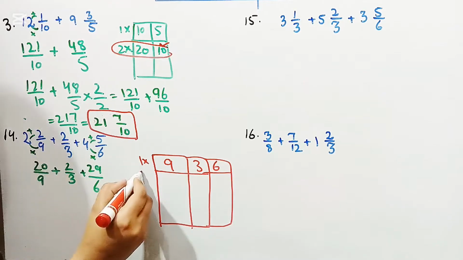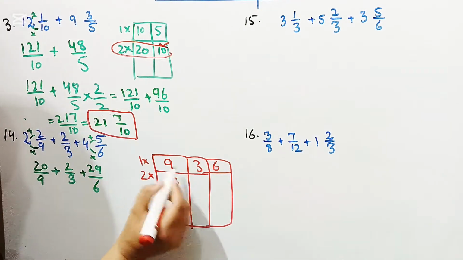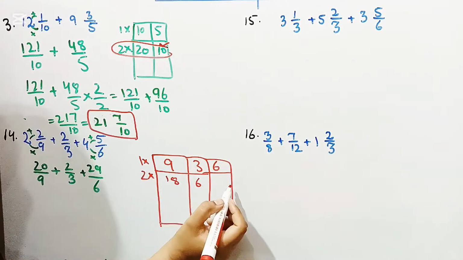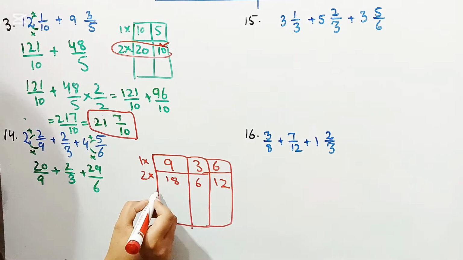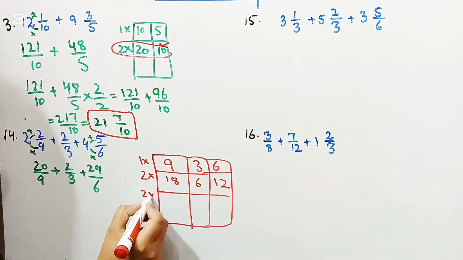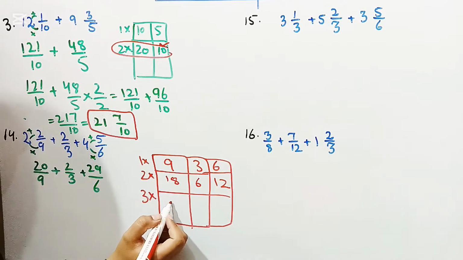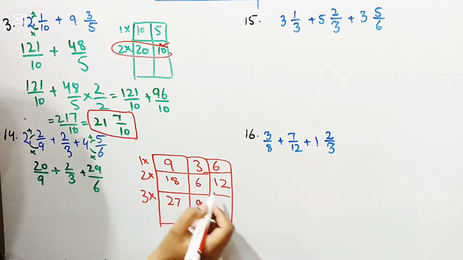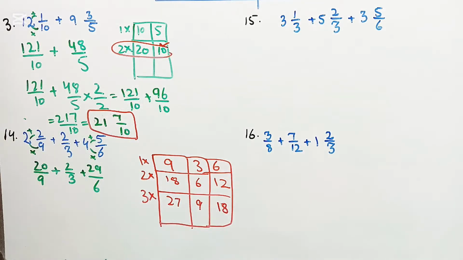Then we multiply with 2. 9 2s are 18. 3 2s are 6. 6 2s are 12. Then next we multiply with 3. 9 3s are 27. 3 3s are 9. 6 3s are 18.